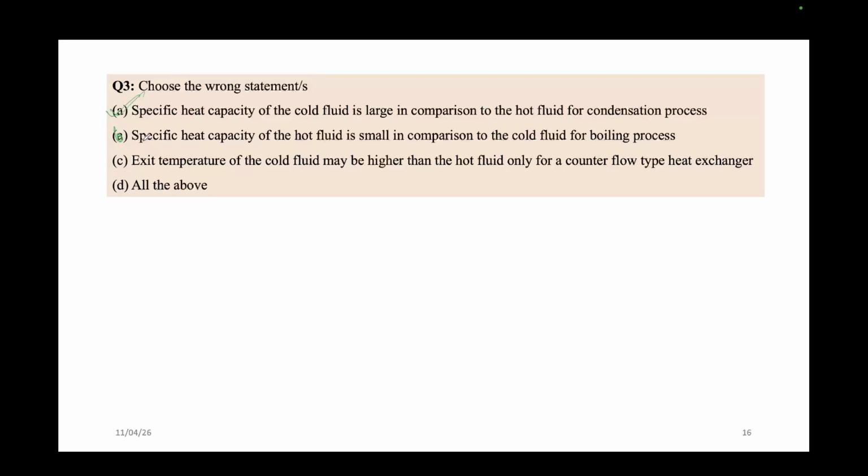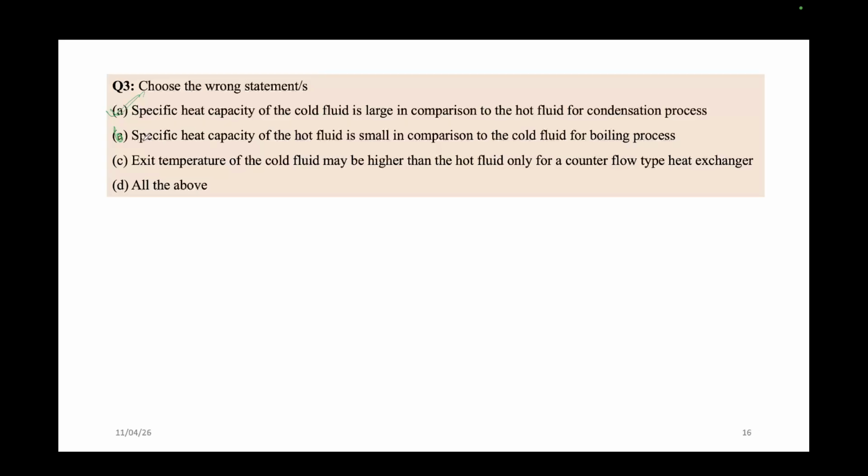The specific heat capacity of hot fluid is small in comparison to cold fluid for the boiling process. Now in the boiling process, it is the reverse. Say boiling is happening outside the tube. So what is flowing inside the tube?